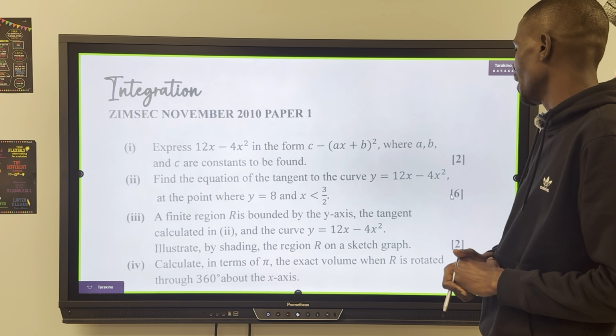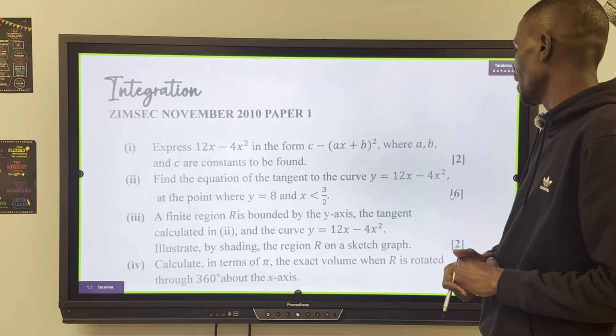Then we can compare independent terms. The constant is equal to 0, but my b is negative 3, squared, which is 9. So our c is 9. Therefore, 12x minus 4x squared is identical to 9 minus (2x minus 3) squared. So we are done with the first part.